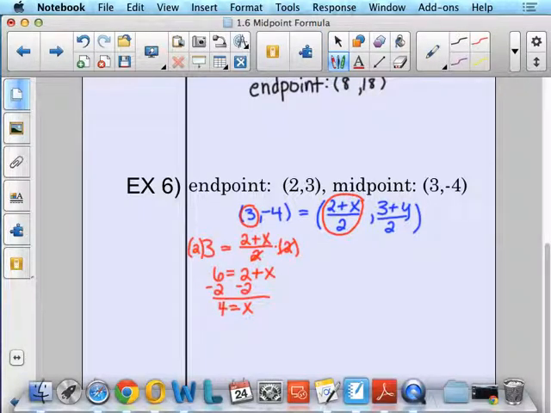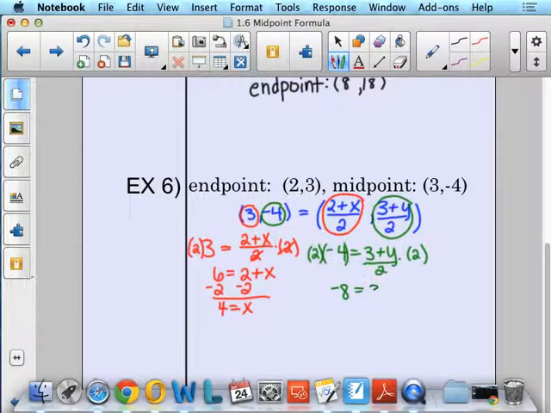Okay, then for the y, negative 4 is equal to 3 plus y over 2. And so if I multiply both sides by 2, subtract 3 from both sides, I get that y is equal to negative 11.